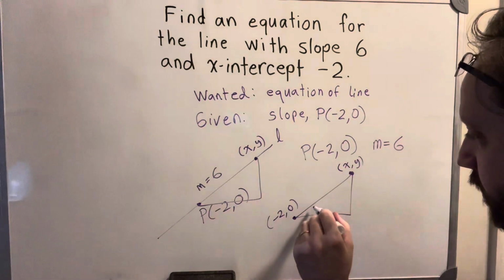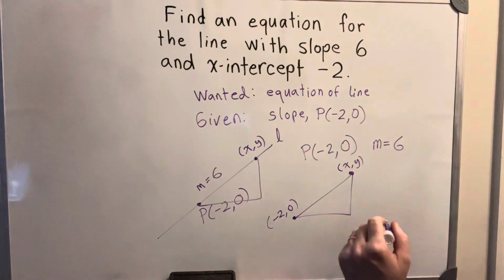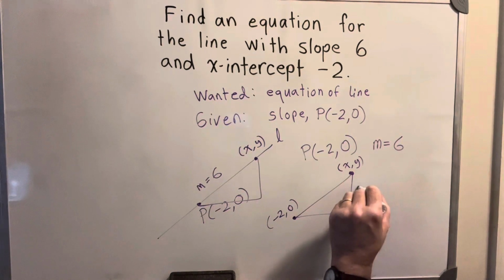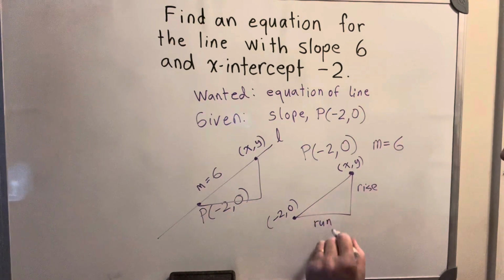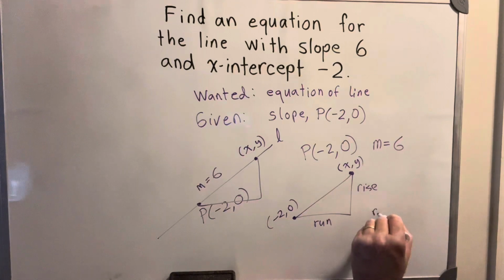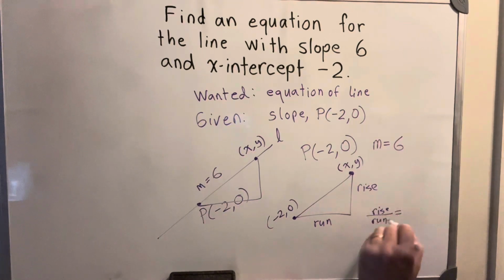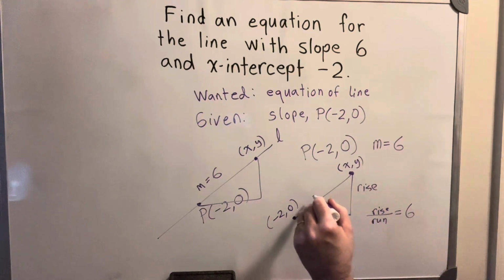And we know that this slope right here is 6. That means that the slope, which is the ratio of the rise over run, is going to be 6 in this case.